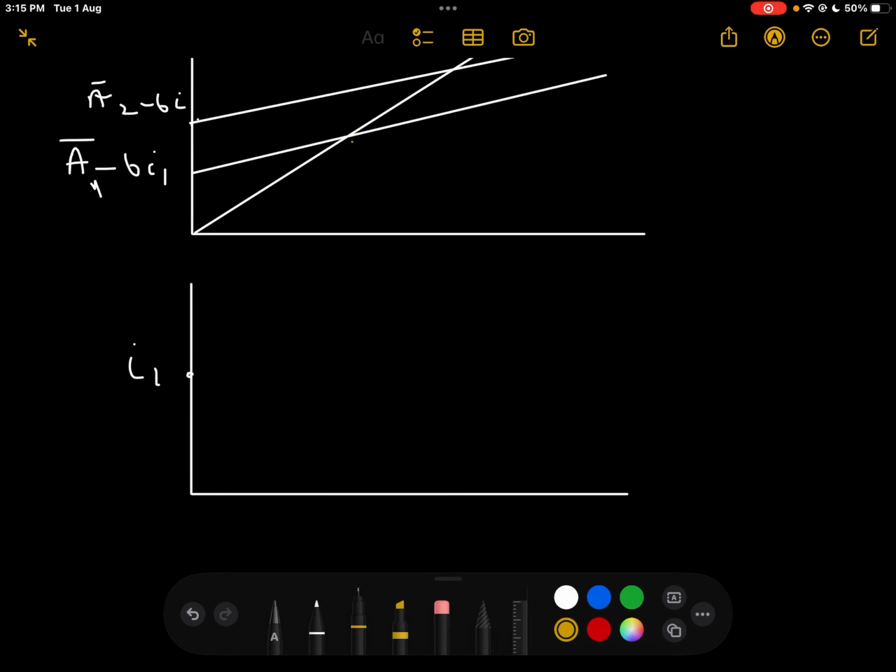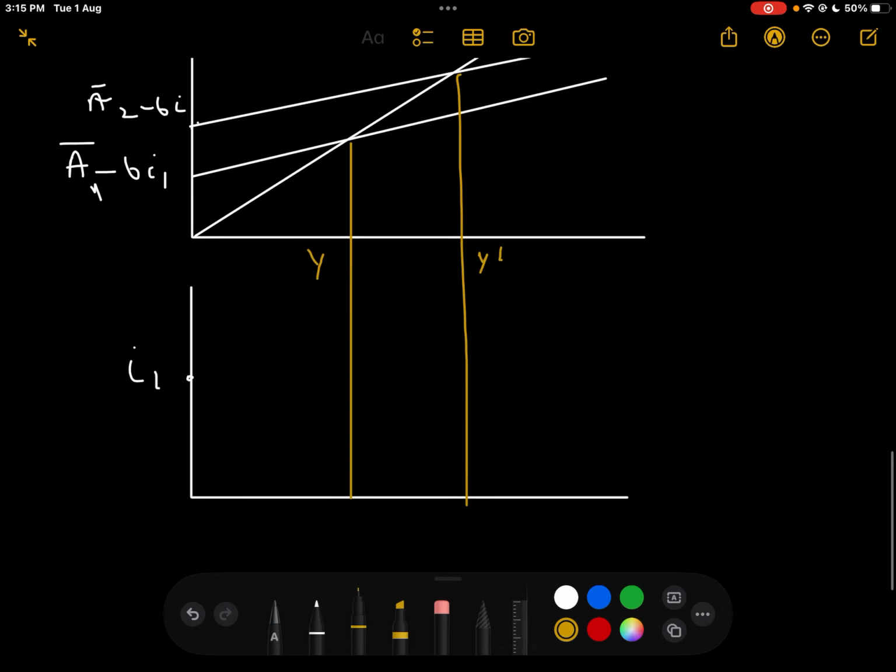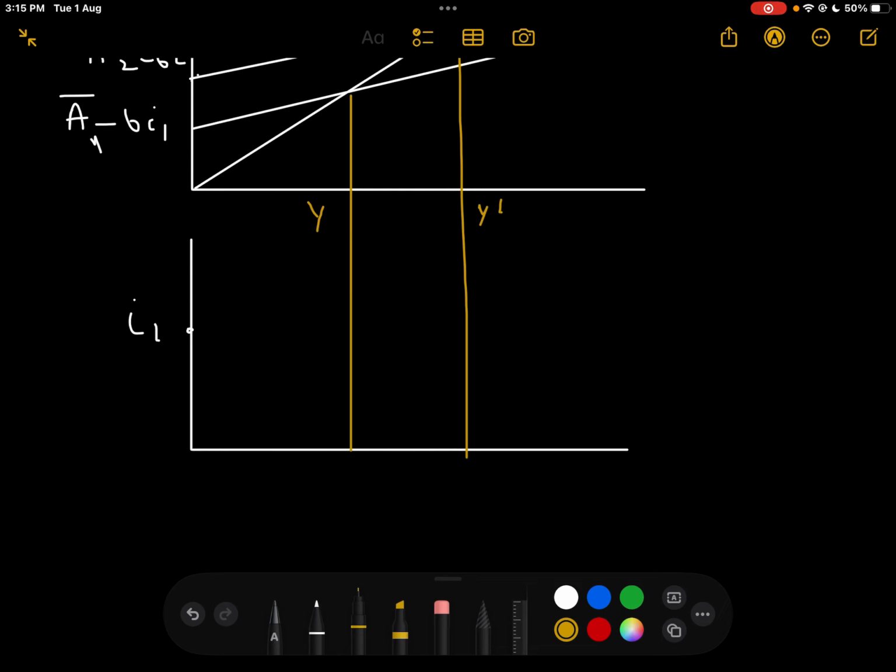So here if we plot this, y dash, at this rate of interest, this was our IS1.